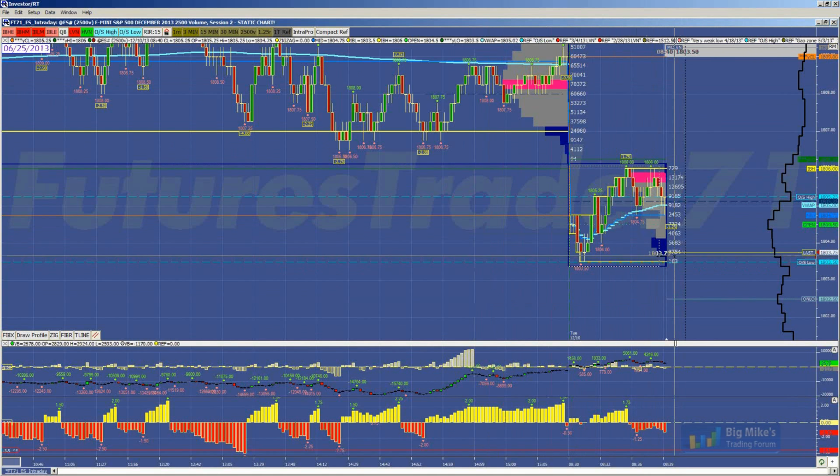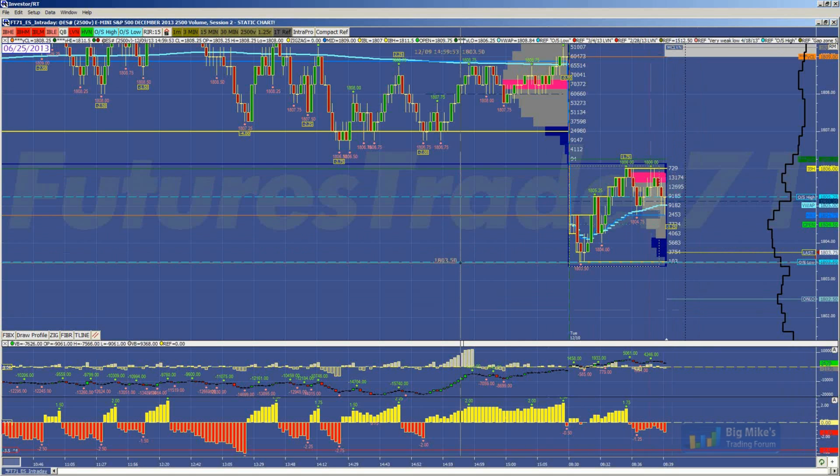So here we have volume fairly steadily growing, 3,000, 5,000, 4,000, 7,000, 9,000, 9,000, 12,000, 13,729 contracts traded at the high on that second push. So 13,000 contracts traded at 1805.75, which means 13,000 buyers and sellers interacted at that price.